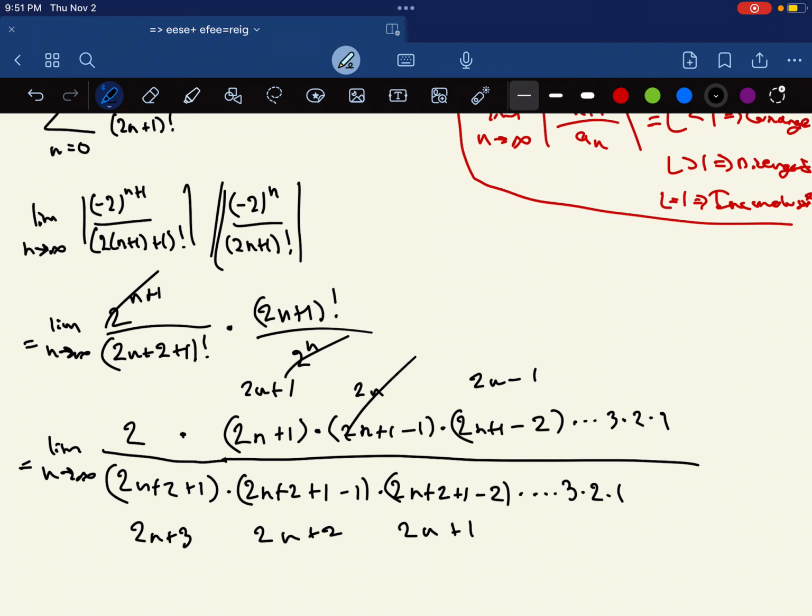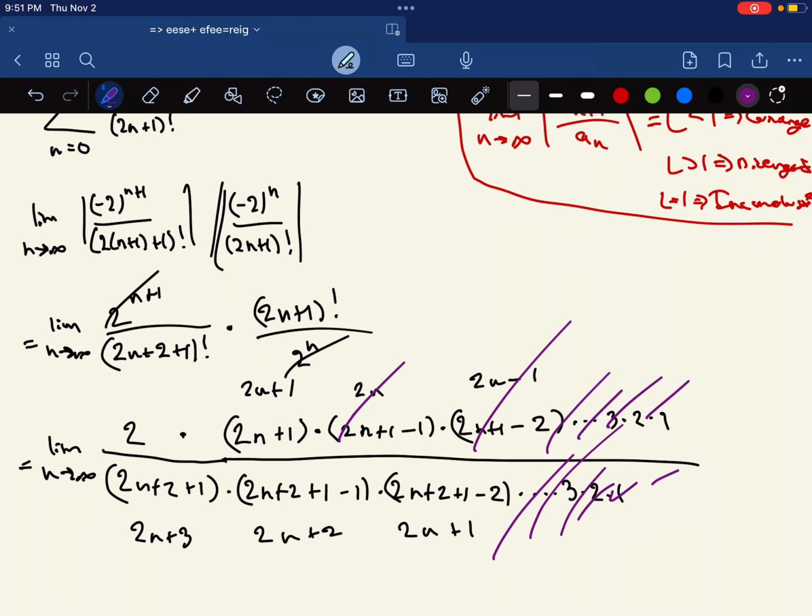I'll do this in a different color so you can see better. So 2n cancels out with this next term over here, 2n minus 1 cancels out with this one over here. Everything cancels out. Here is the final canceling out. Cancel out those two, and then all we have left is this on the bottom.